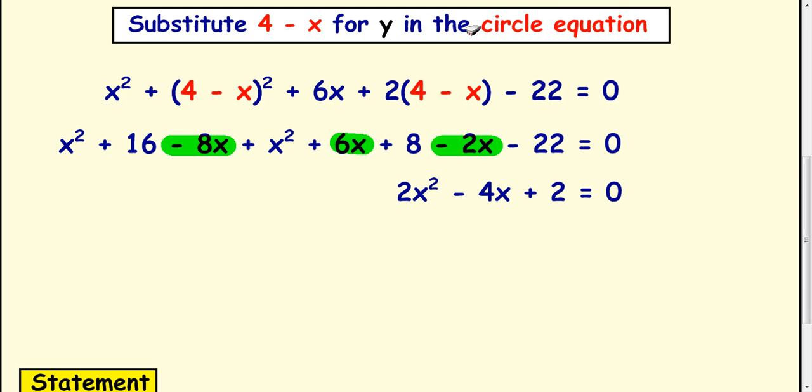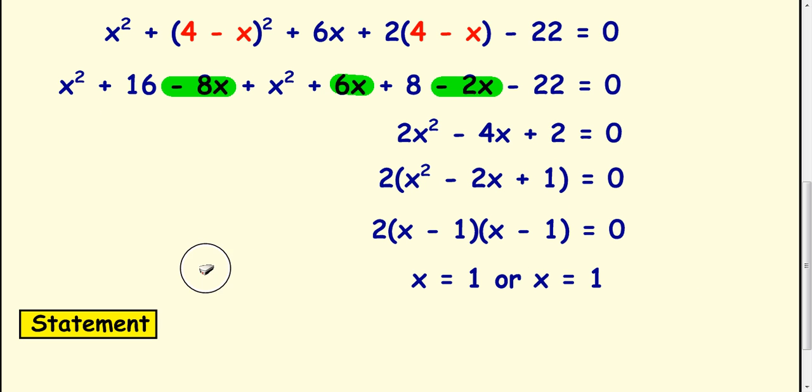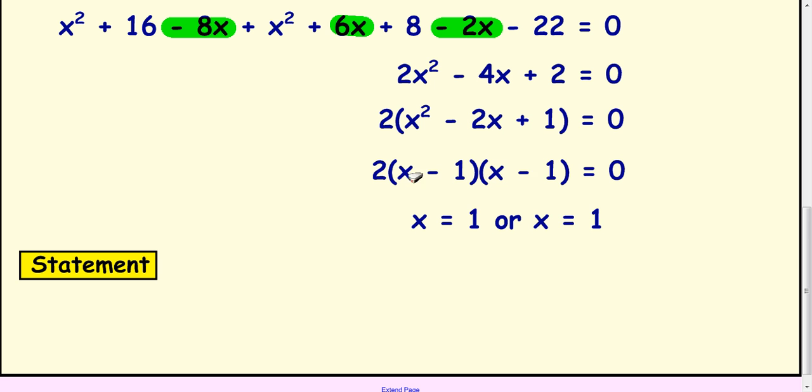So factorise at this point again. Take out a common factor of 2, so x squared minus 2x plus 1. And then factorise the brackets, so we're going to have a 1 and a 1 at the end, and there needs to be a subtract and a subtract. Now, x equals 1 or 1, so this proves there only is one point of contact because the roots are the same.